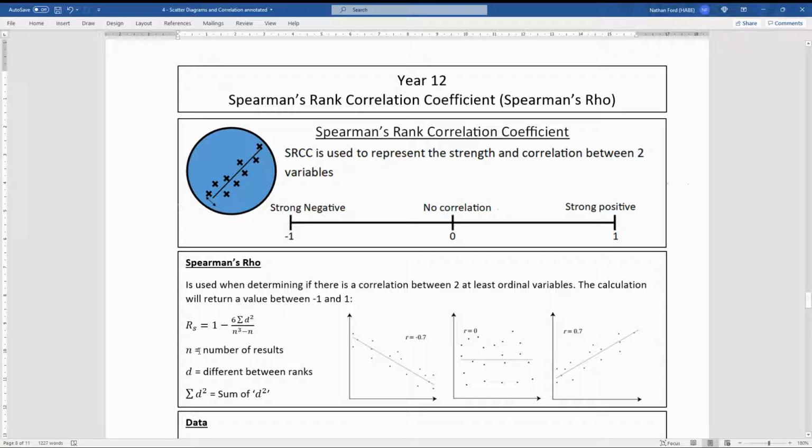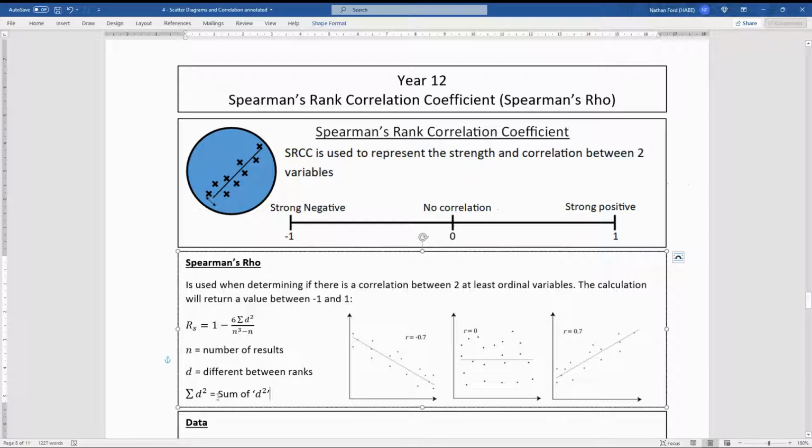There's lots of things there, but it says underneath what they are, which is why you've got this pack. n just stands for the number of the results, so you can take that away straight away. d stands for the difference between the ranks. I'm going to talk about what that actually is in a moment. It's very similar to standard deviation, which we'll be doing shortly as well. And this sigma here looks like a big E, or a backwards 3.